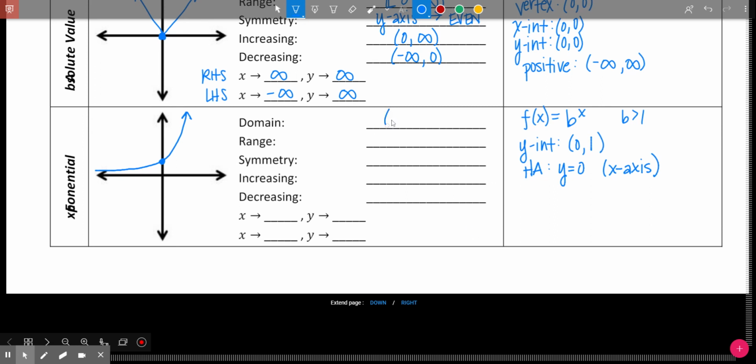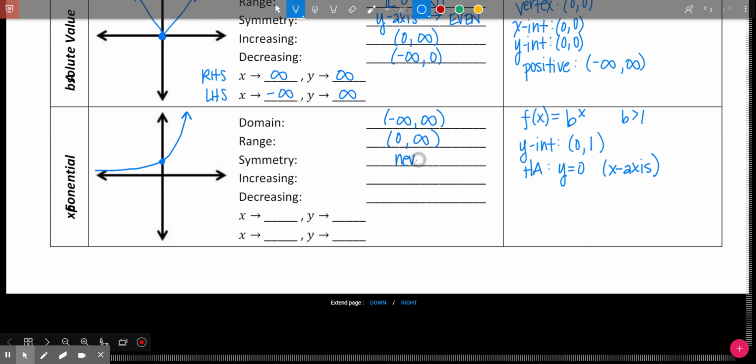The domain is infinite. An exponential function can be any value of x. The range, though, is bounded between 0 and infinity, and we can't be 0. You can never raise anything to a power and get 0 back out of it.